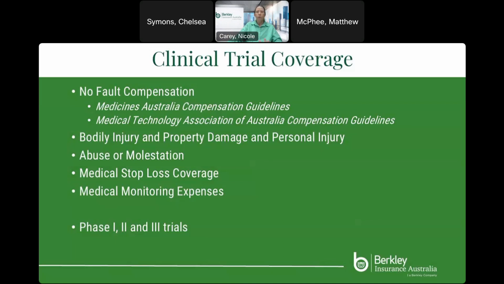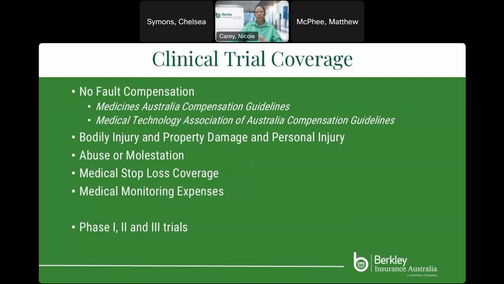So the clinical trial insuring clause provides coverage to an insured for claims arising from the performance of a clinical trial. There are a number of coverage sections within this insuring clause, starting with the no fault compensation and the bodily injury and property damage and personal injury sections.